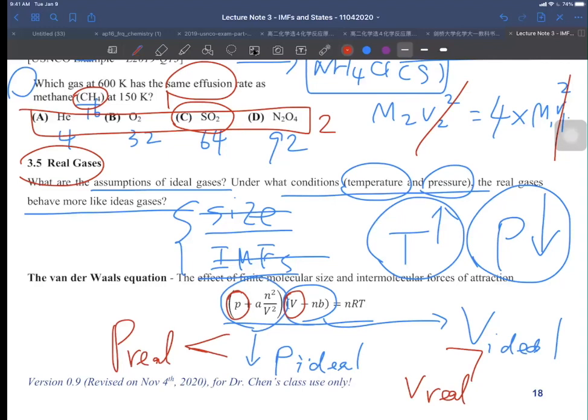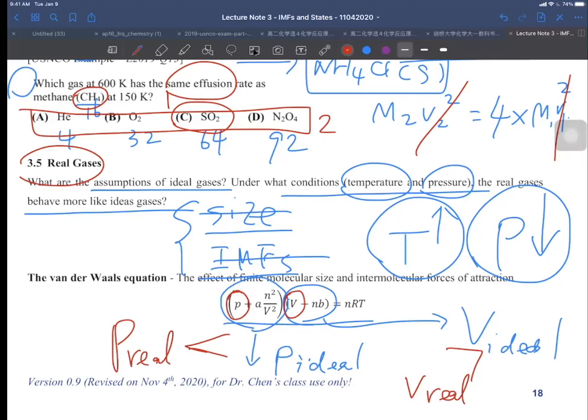Real pressure is smaller than ideal pressure. It's because one keyword, the existence of IMF decreases the frequency of the gas molecule to collide with the wall, right? So this is why the pressure is decreased.